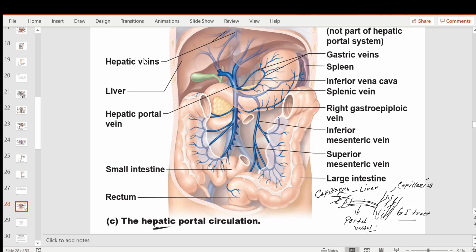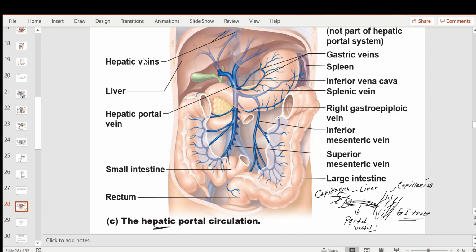Okay, so the hepatic portal vein, which is also called portal vein, brings the nutrient-rich blood from the GI tract, because you know that blood receives nutrients from the GI tract, and that nutrient-rich blood is taken to the liver by this portal circulation.